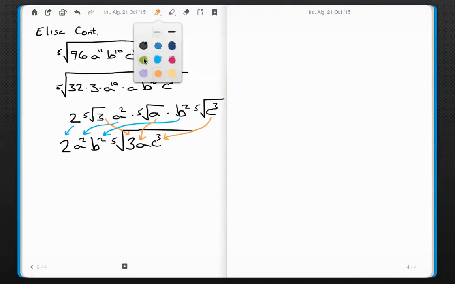All the stuff that worked nicely, the 32 became the 2, the 3 was left over, the a to the 10th became the a squared, the b to the 10th became the b squared, and the c cubed, nothing happened there. Okay, so that's, in a nutshell, how to do Elisa's problem.